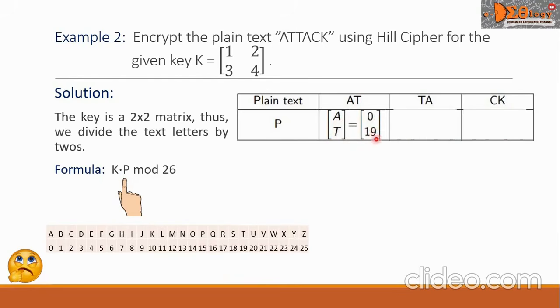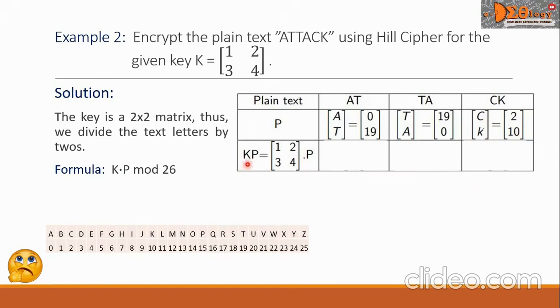So we will have here 0, 19. For the TA, first we write it as a column matrix, and the numerical value will be 19 for T, 0 for A. For the CK, the column matrix is here, and the numerical value will be 2 for C, 10 for K.